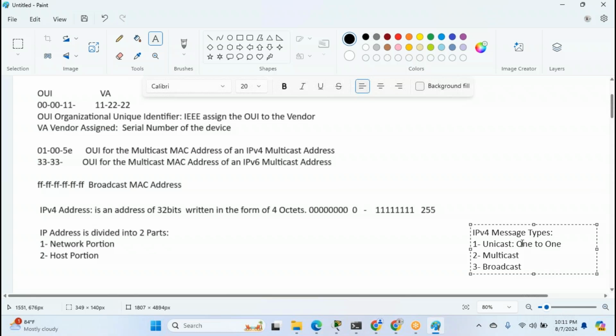Multicast is one to a group, one to many: one sender, a group of users are the receivers. Broadcast is one to any, meaning whoever has the capability to receive can receive it. One sender is just broadcasting without specifying, and whoever has the receiving capability can receive it.